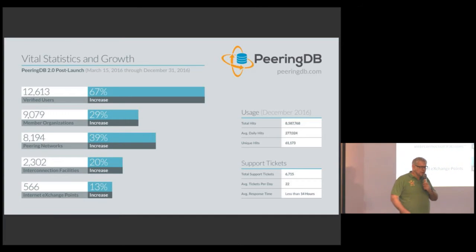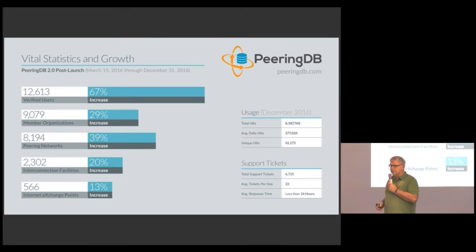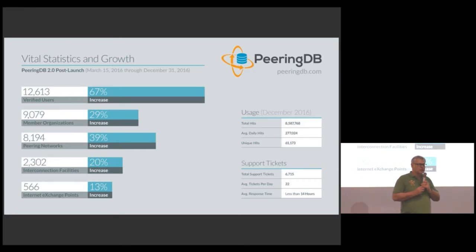The internet exchange point increase of only 13% may seem a little low, but what we also did at the same time is work on the accuracy of the database. Before that, with PeeringDB 1.0, there was not really time, and also there were no tools to really check the data.